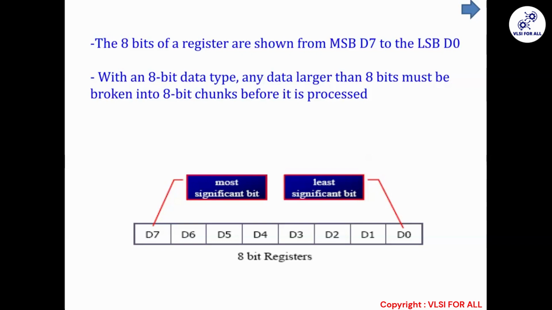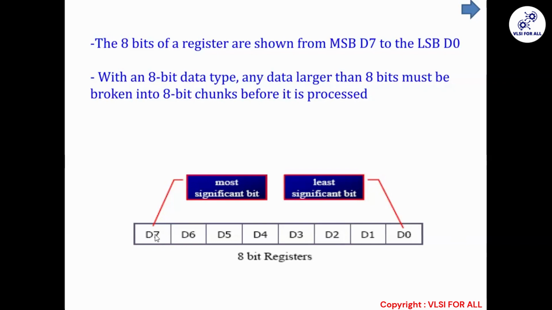Its width is 8-bit. So at a time, this D0 to D7, 8 bits of data we can save. If my data is 16-bit, what do I have to do? I have to divide it into two parts: 8-bit first, and then in the next register, I have to save the other 8-bit. That is how the registers are.